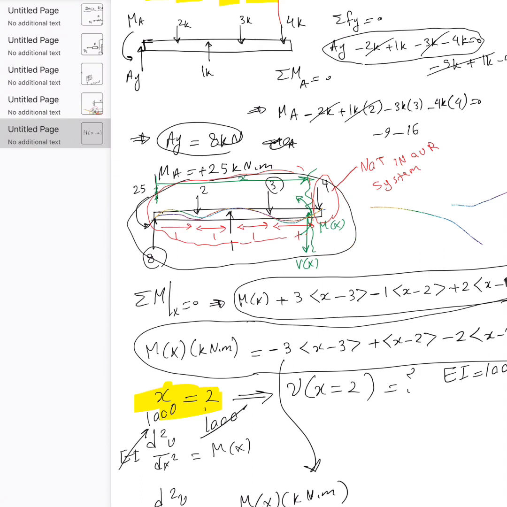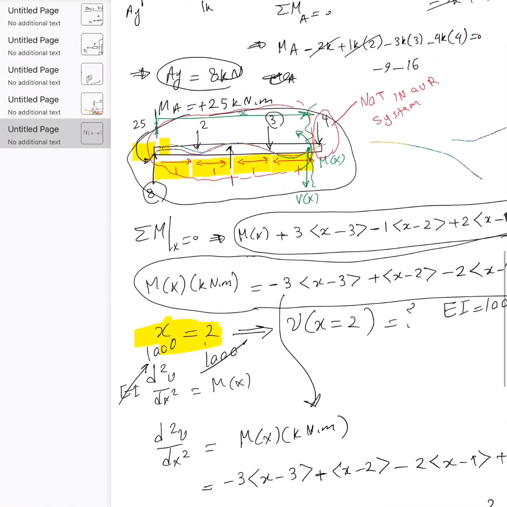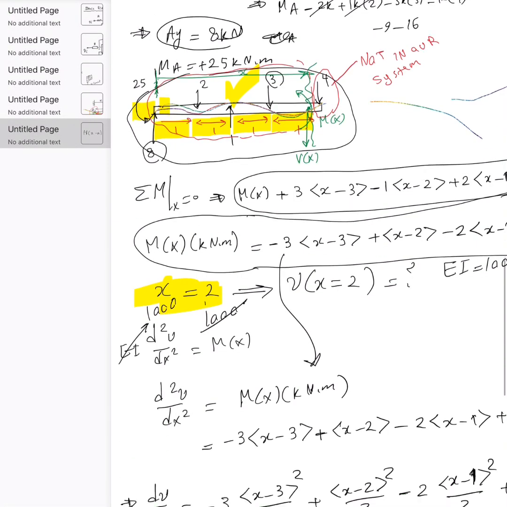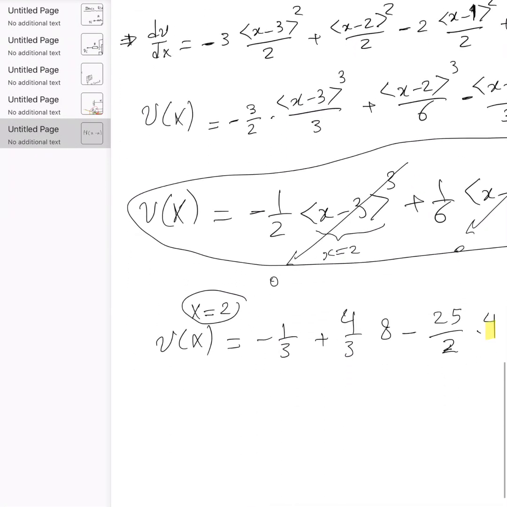That means take one interval from here to here, solve the problem, take one interval from here to here, one interval from here to here, one interval from here to here. Then solve 4 differential equations. Then you get 8 constants of integration plus 2 at the wall, 10 constants of integration. And then solve all the constants of integration, 10 equations, and then evaluate the result in the middle of the beam right here. This point right here. You should get the same result I got right here with just a couple of lines.